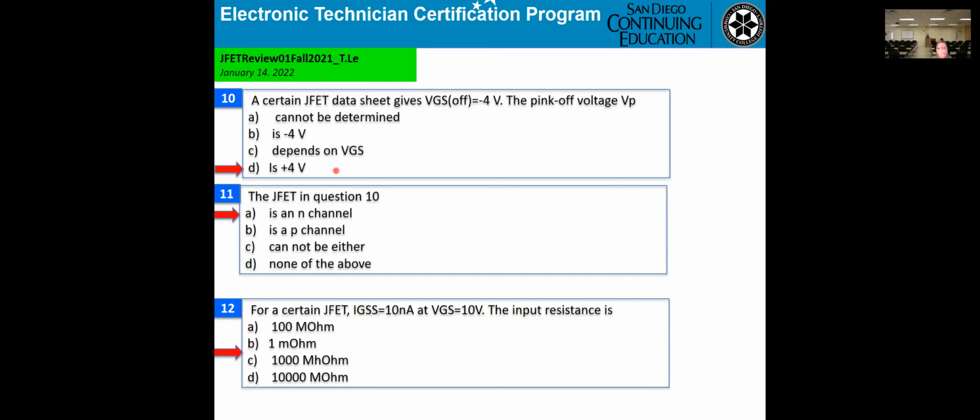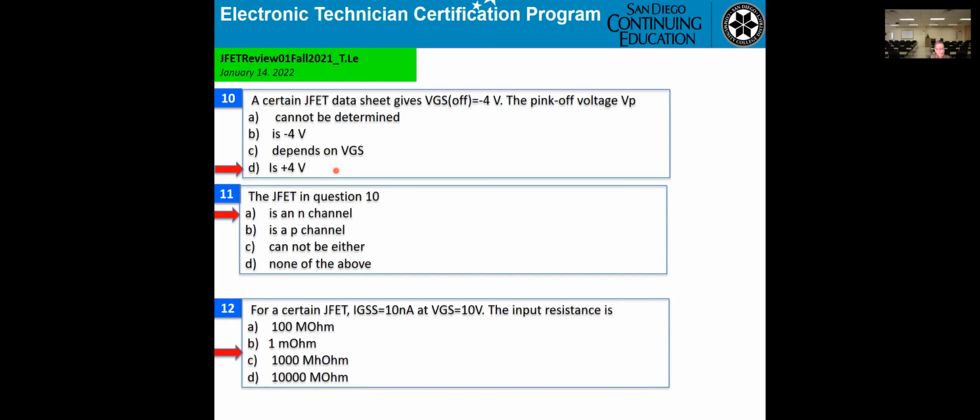Number 11. JFET in the question number 10. What channel? The answer will be A, N channel. Answer to 11 will be A. You know why?